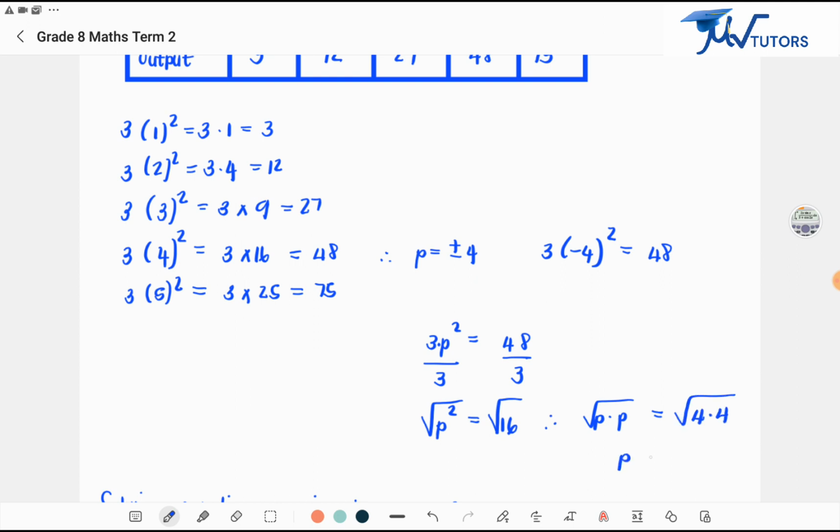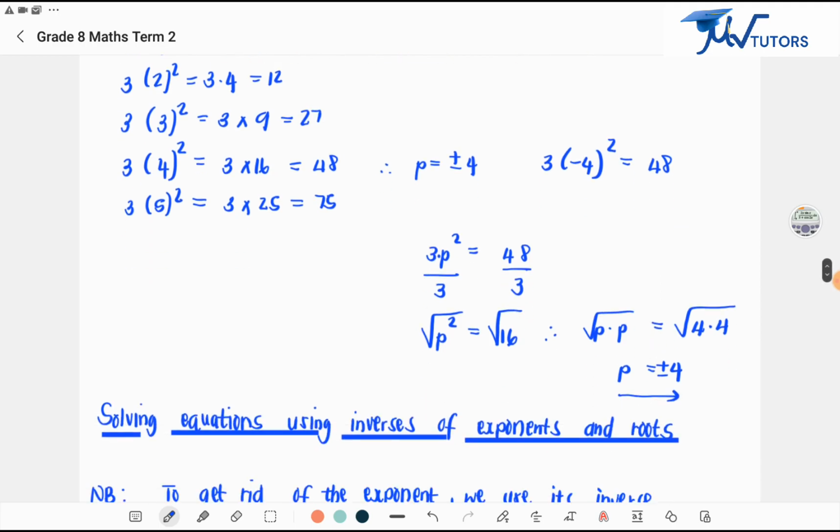So now if I simplify it, I'll basically have p is equal to 4. But as we have shown before, if you get the positive, also consider the negative. See if that would work out. And because we already tested it, we know that our answer can be positive or negative.